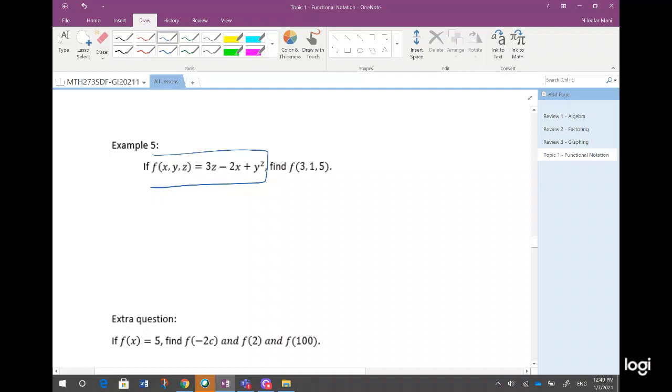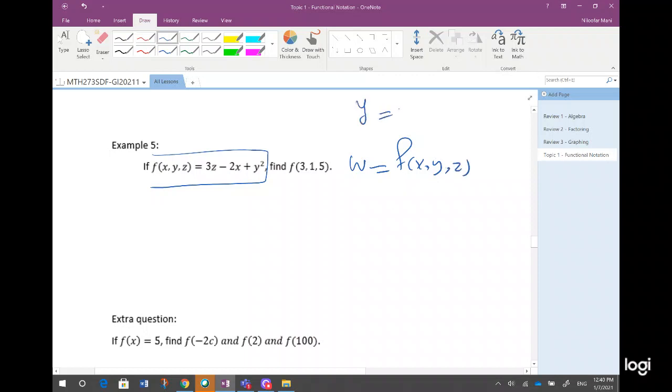So the function is like, instead of 2 dimensions, 3 dimensions, or even more. So not just y and x, you have x, y, z, and then for example I can say w is f of x, y, and z.